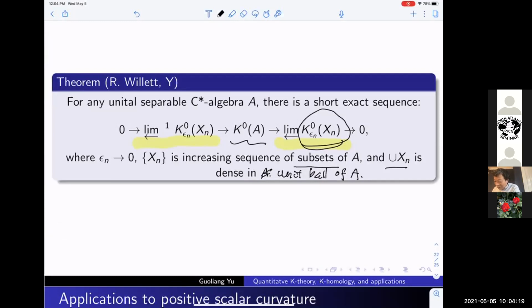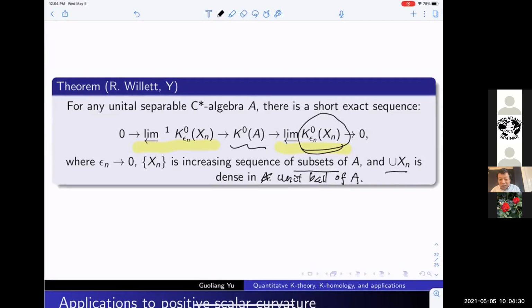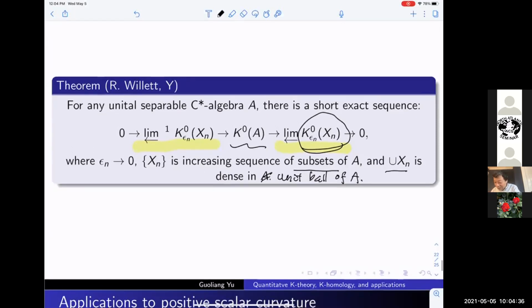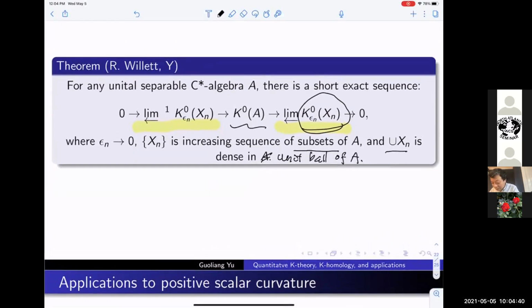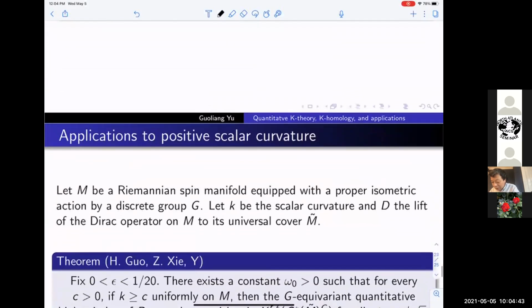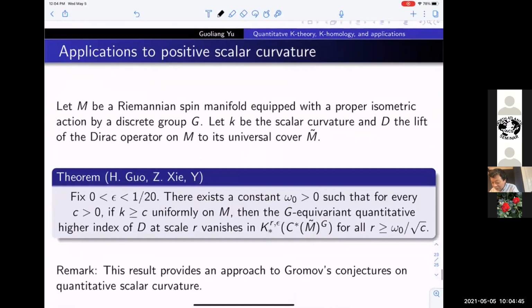So these are all connections to C*-algebra theory. Now I want to move to some other applications, something I recently did with Zizang and Hao.